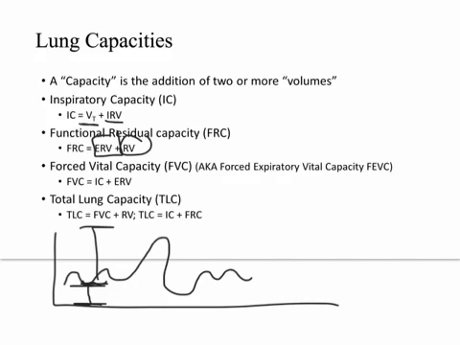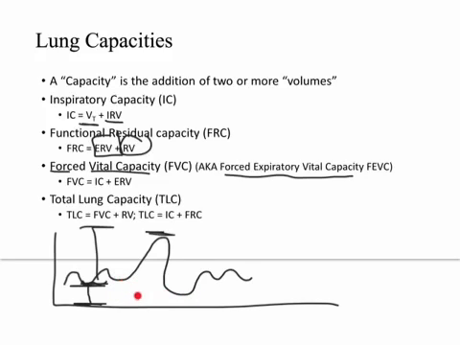Then we have the vital capacity, also called the forced vital capacity, also called the forced expiratory vital capacity, or FEVC. And that would be from the top of this peak, I'm going to go all the way down. Down to here would be the inspiratory capacity. So down to here I've got inspiratory capacity plus a little bit more. What is that little bit more? That's the expiratory reserve volume, from the bottom of here down to the bottom of this peak.